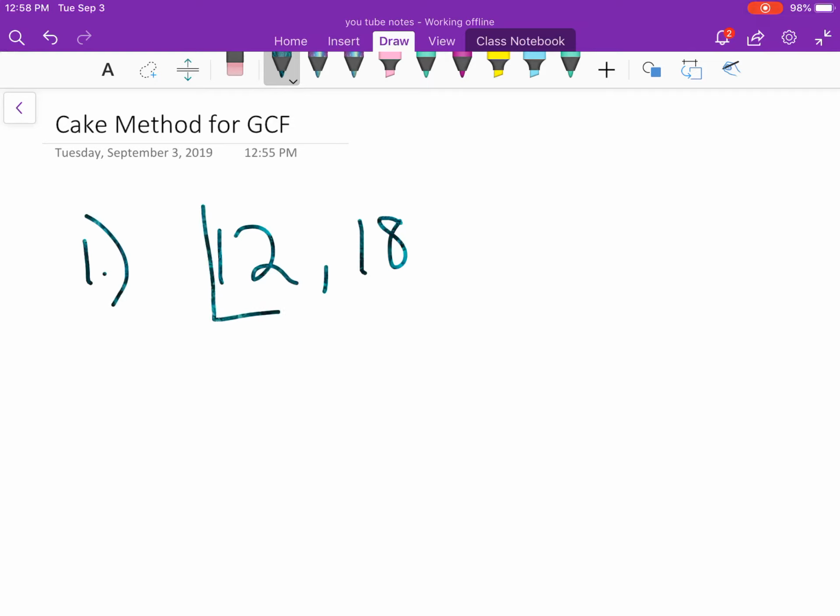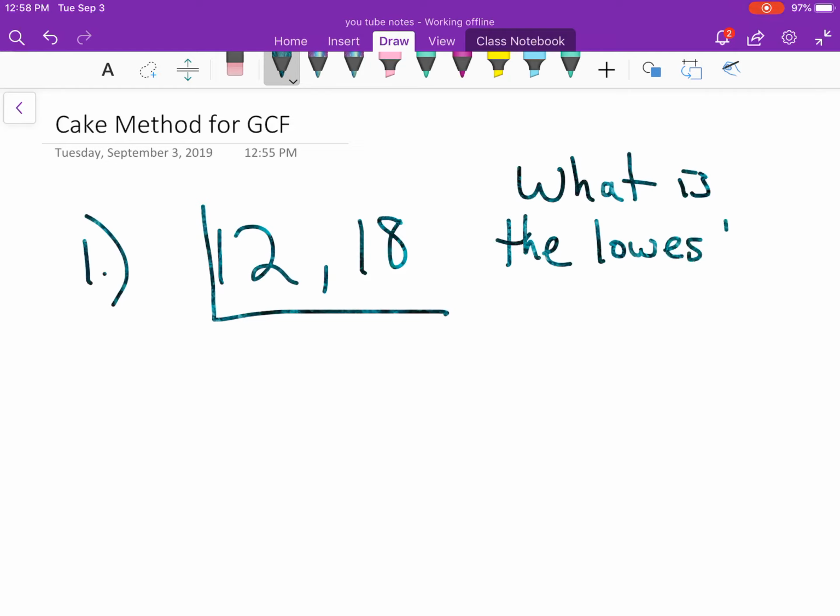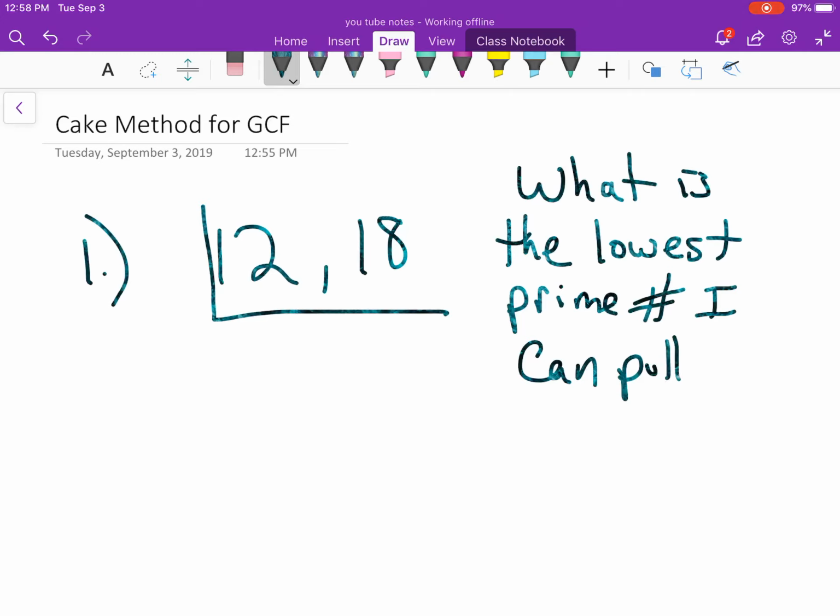So you will draw almost like an upside down division symbol on these, and you need to think of a prime number. So your little question mark on each one of these sections will be, what is the lowest prime number I can pull out of both numbers?